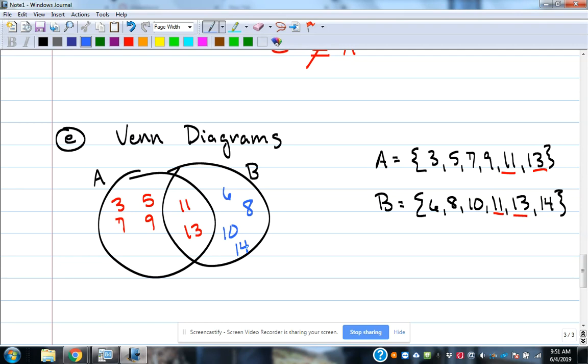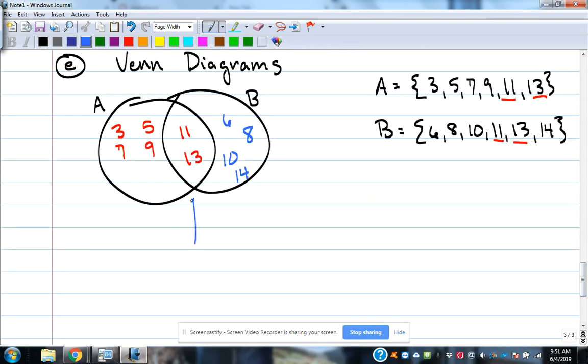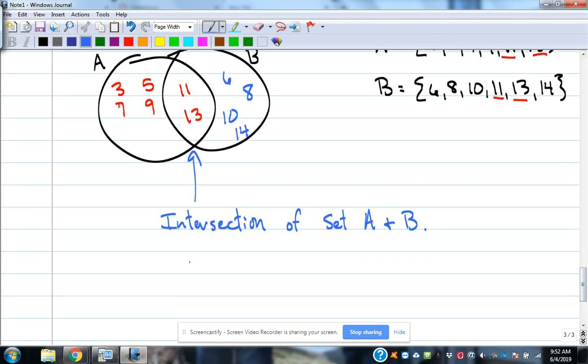Okay. Again, this part in the middle is called the intersection of set A and B. The mathematical notation for intersection is an upside down U, like that.